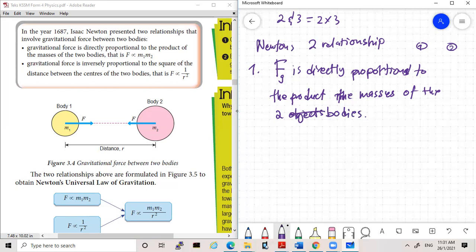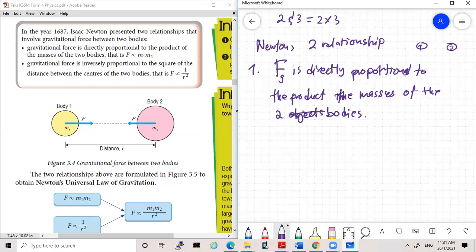That means Fg, the gravitational force between object 1 and object 2, or body 1 and body 2, is directly proportional and will increase at a fixed ratio depending on the masses of these two objects.